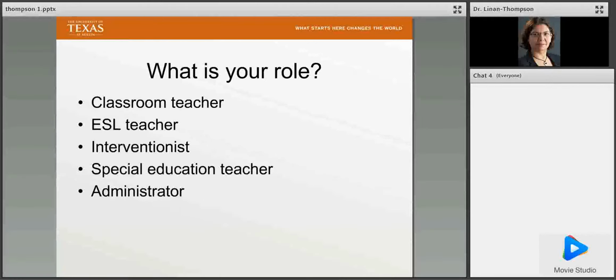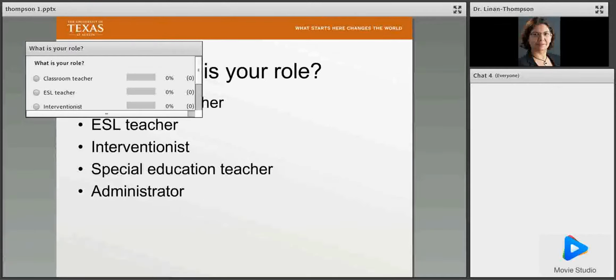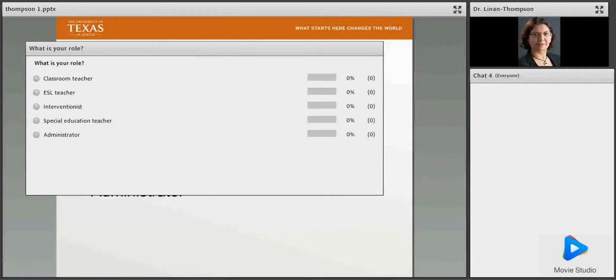Just to get started so I know who you are, can you say which of those roles you have, whether you're a classroom teacher, an ESL teacher, an interventionist, special education teacher, or administrator?